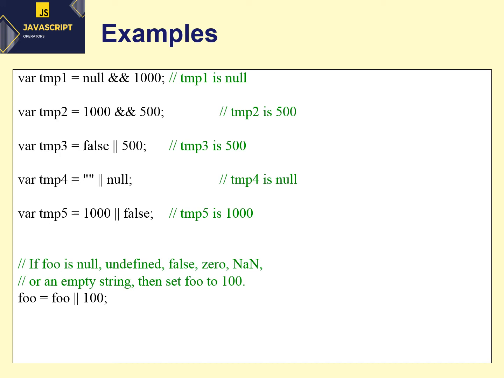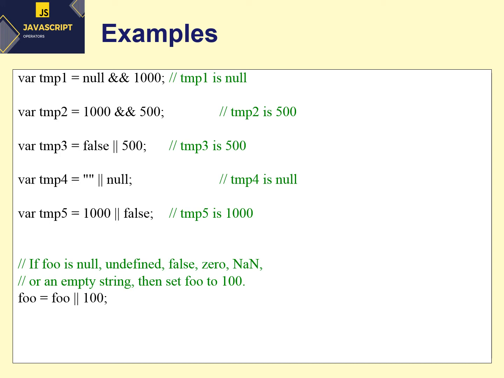Then the next expression, variable temp5 is equal to 1000 or false. We know that one is true and the other is false, and it is logically OR. So what happens here is the true value will be assigned. So temp5 is having 1000. Then the last expression, foo is equal to foo or 100.